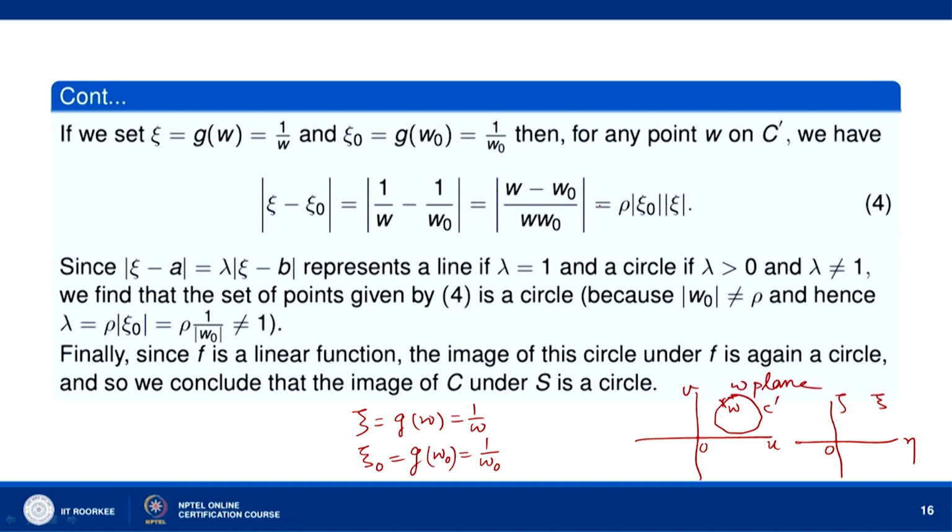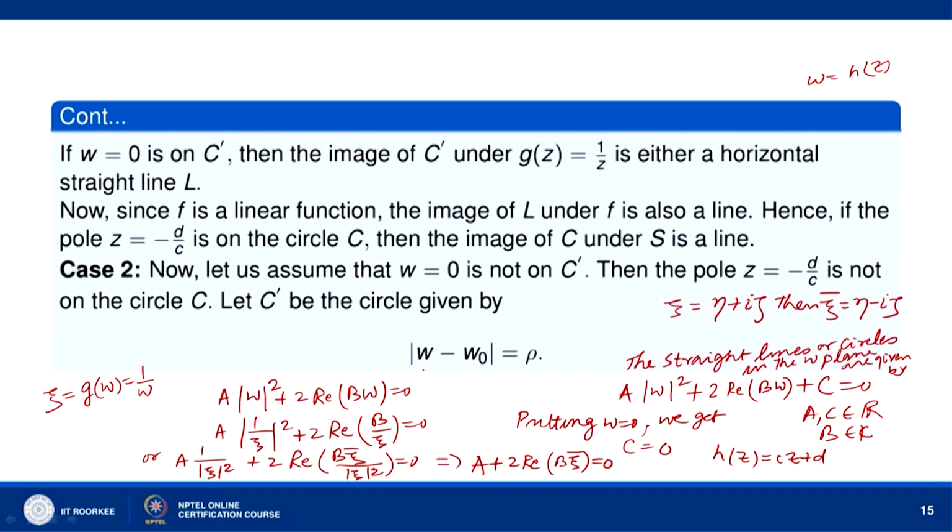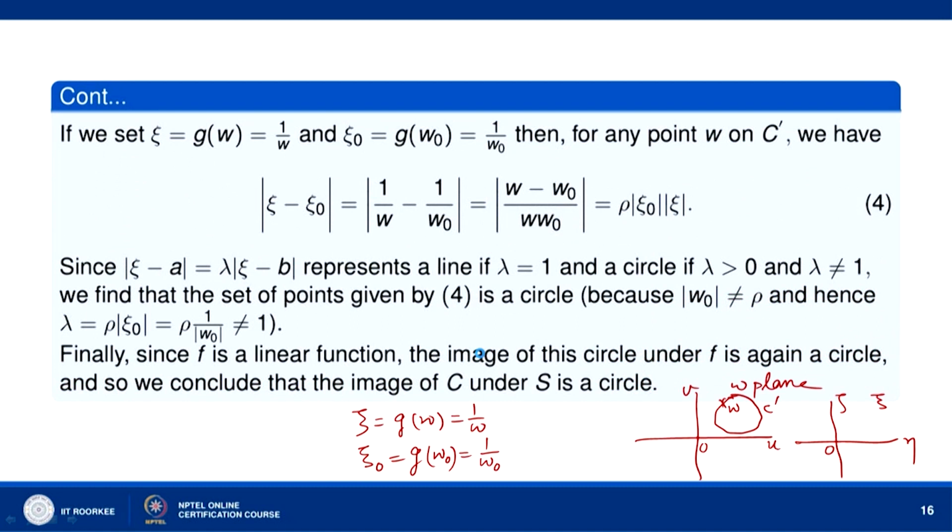Now, this is equal to rho times mod of xi naught into mod of xi, because mod of w minus w naught is rho, mod of 1 by w is mod of xi, and mod of 1 by w naught is mod of xi naught. So, this is equal to rho times mod of xi naught into mod of xi.